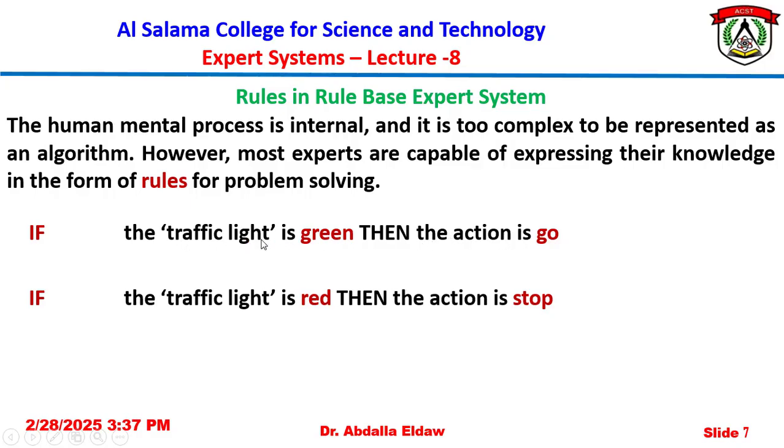This is a logical phrase or text, and it can easily be converted to a rule, because we can put the words the traffic light in one variable, for example x, and we say if x equals green, or if x is green, then go.